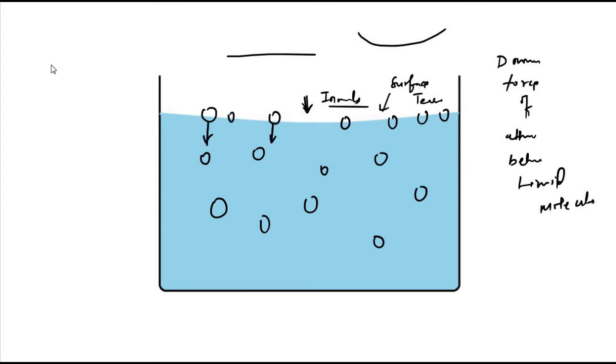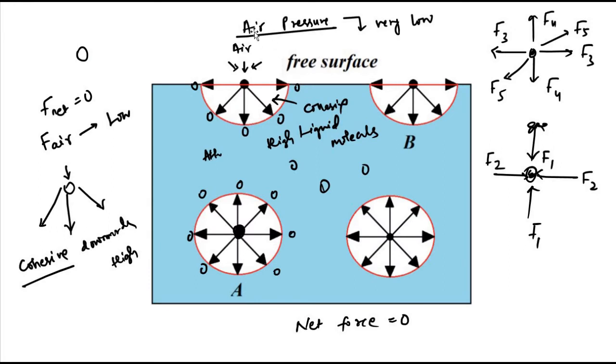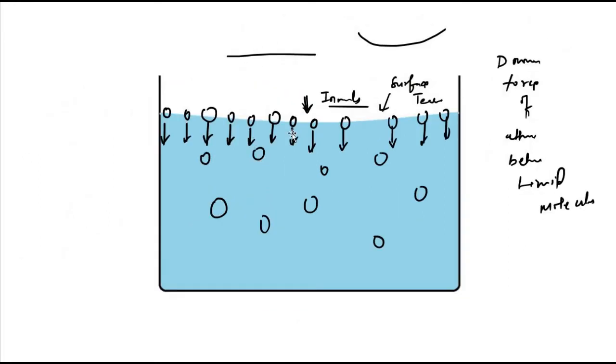All the molecules which are present at the surface, here, here, here, like that, get a little bit pulled downwards because of more cohesive force of attraction as compared to the air pressure force. So as a result, the top surface of the liquid behaves like a stretched membrane.